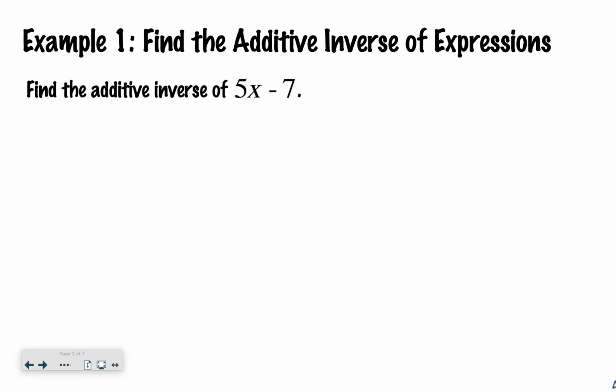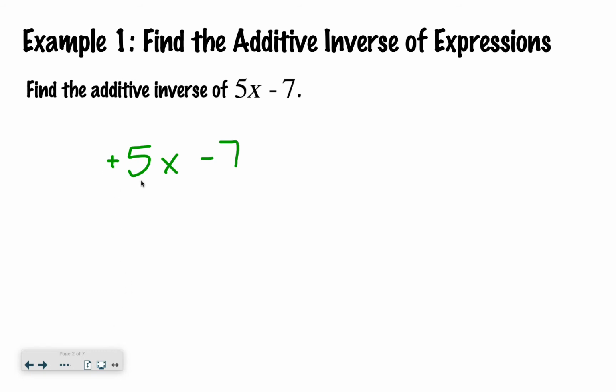What an additive inverse is, is where you change the sign of everything in the expression. What I mean by sign is something that was positive is now negative, and something that was negative is now positive. So for example, we have this 5x minus 7. Here we assume this 5 is positive because there's nothing written in front of it.